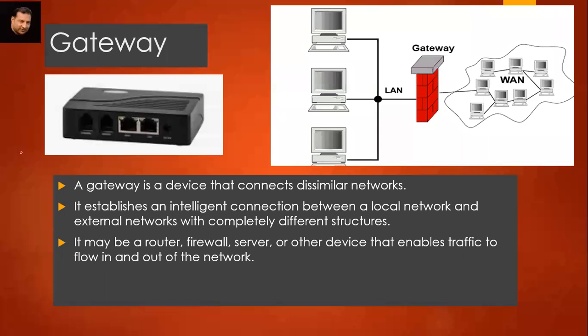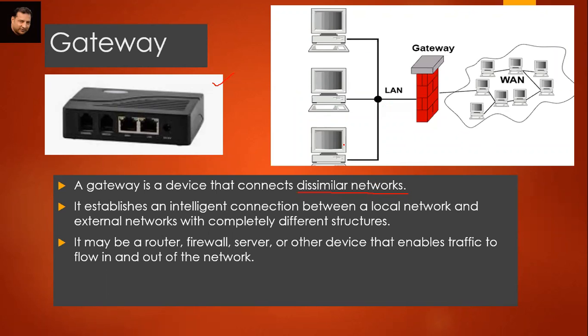In that case, gateway is used, right? So this is a gateway device. You can see a small box. A gateway is a device that connects dissimilar networks. So this is the most important point. Dissimilar networks, not similar. ये similar भी करेगा. Dissimilar networks अगर हैं, like you can see this image.